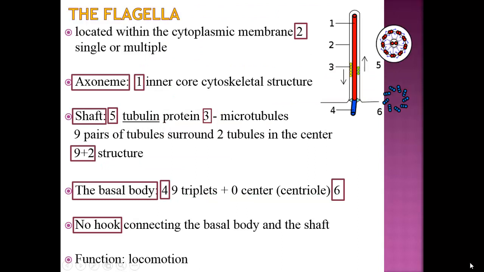The flagella is located within the cytoplasmic membrane, and it is an extension of the cytoplasm. The axoneme, shown here as 1 in red, is the inner core cytoskeletal structure.